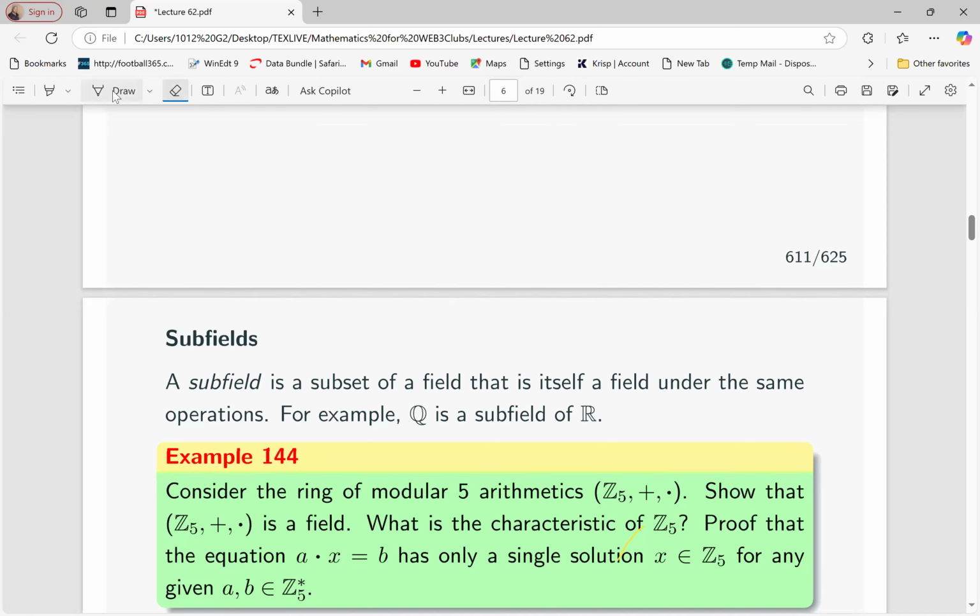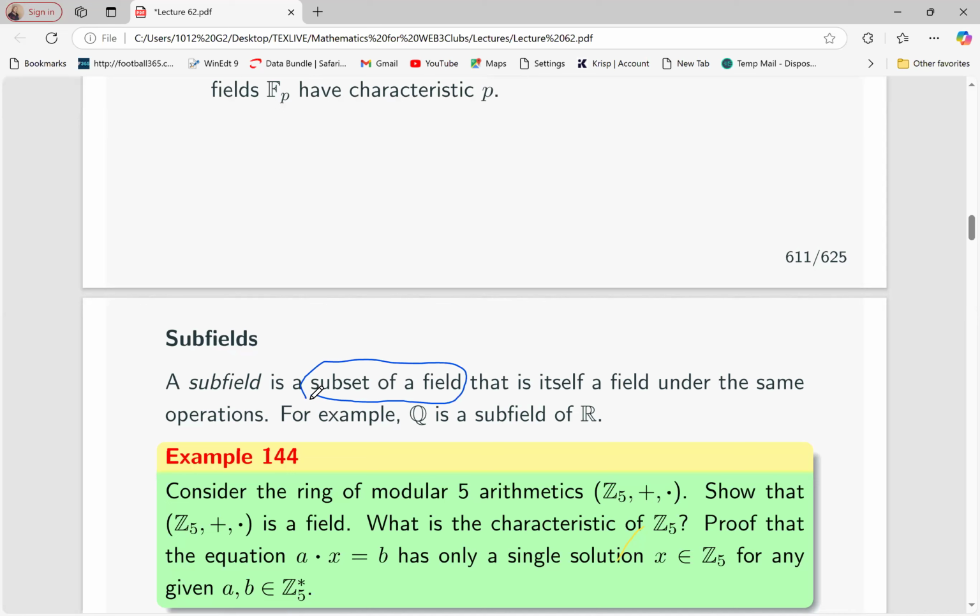We are not saying that every subset of a field is a subfield, or that every subset of a field is a field. What we are saying is that only those subsets of a field that fulfill the axioms of a field become subfields.